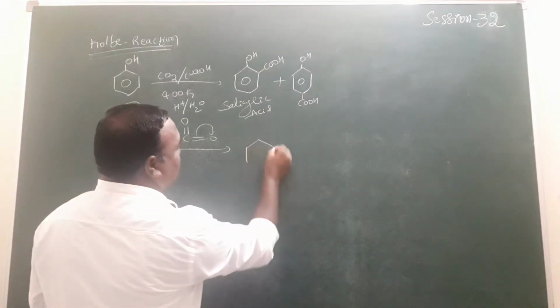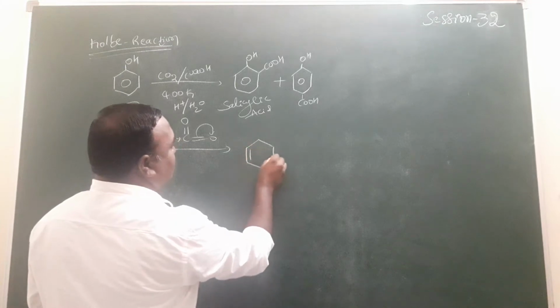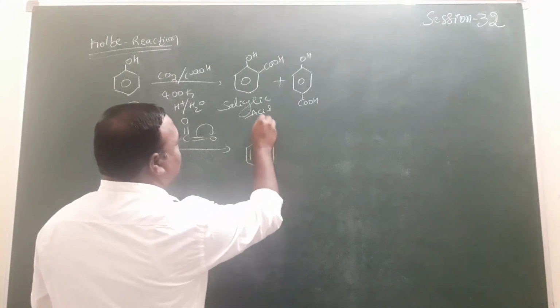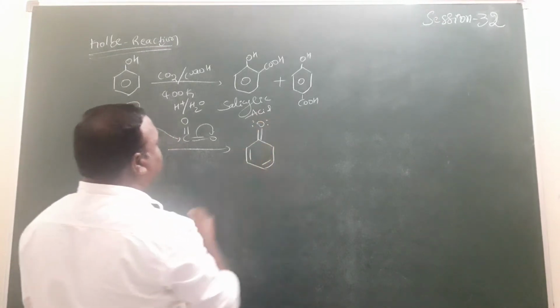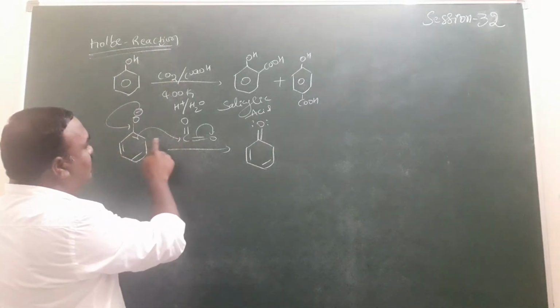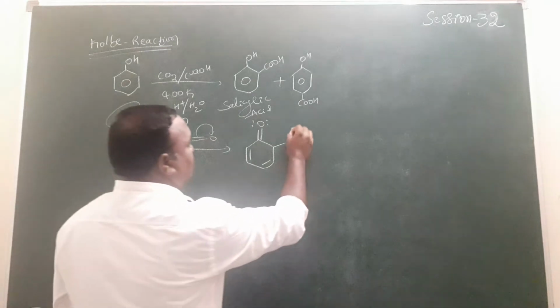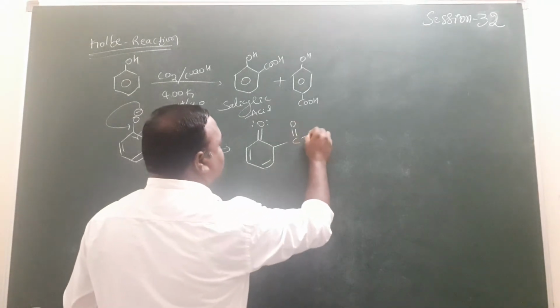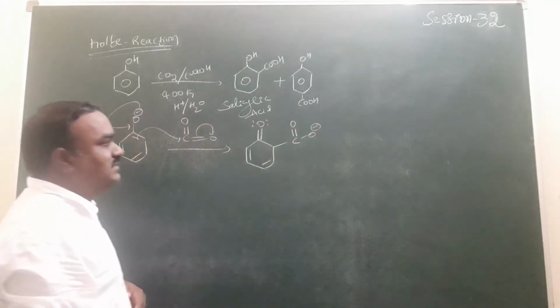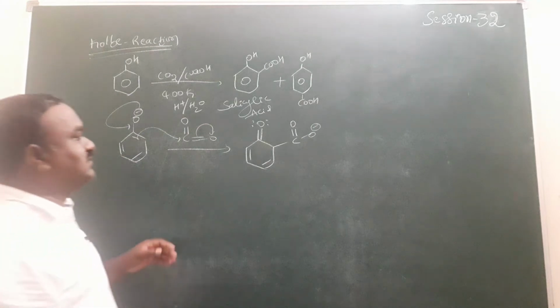So now the compound is formed like this, having a double bond here, and a new bond is formed between the two carbons. Here double bond, O minus.